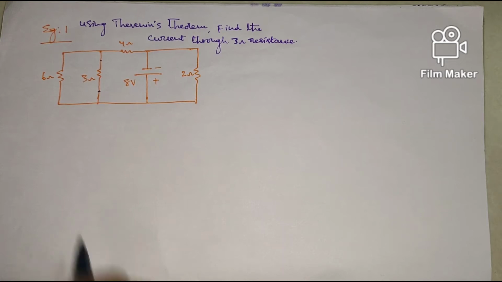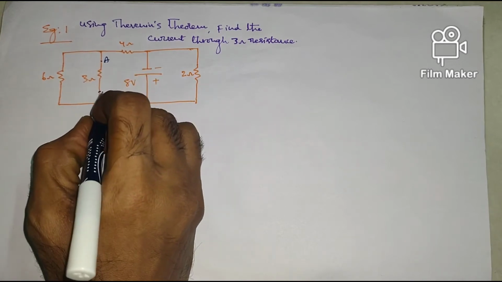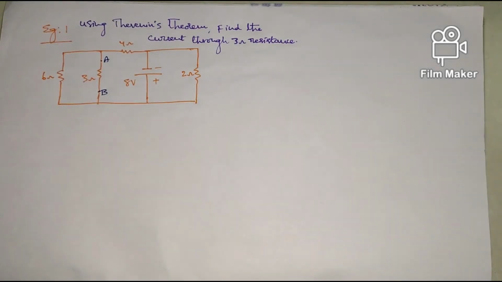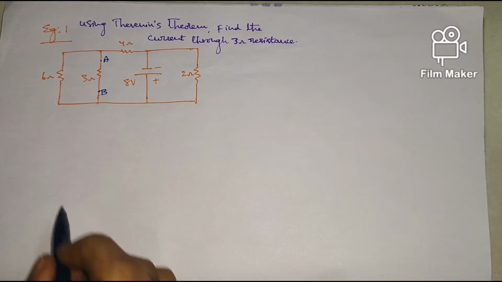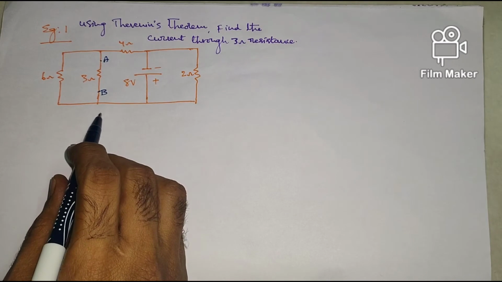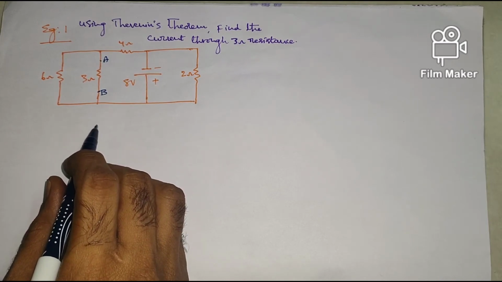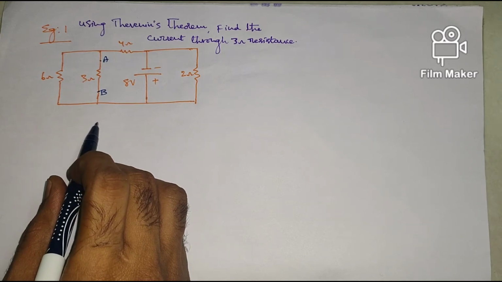First of all, let us name the terminals as A and B, where we have to find out the current. According to Thevenin's theorem, this complicated circuit can be replaced by a Thevenin's equivalent having one voltage source and a series resistance.